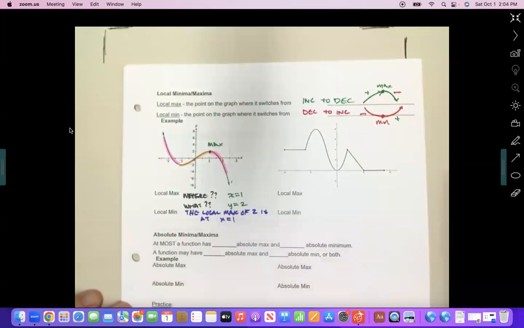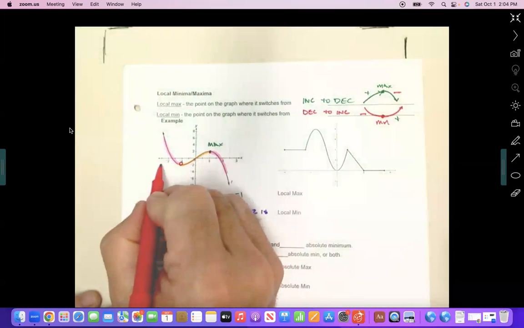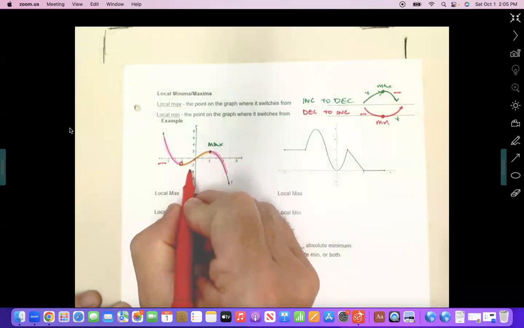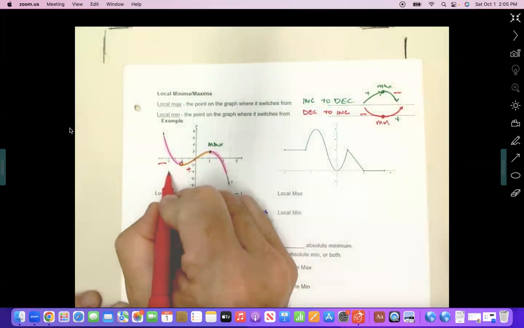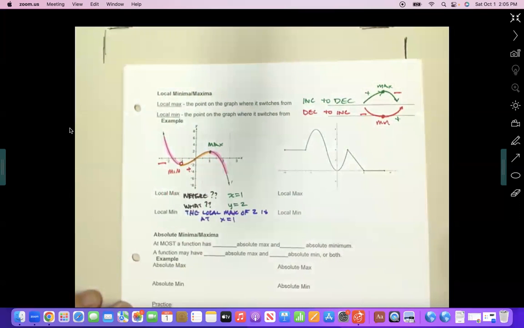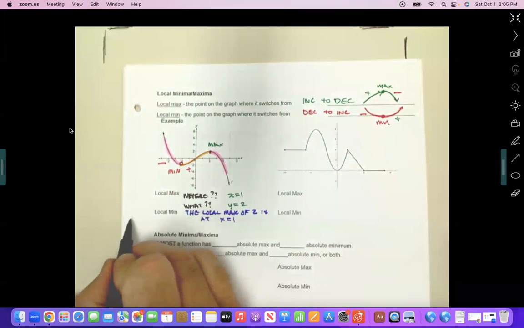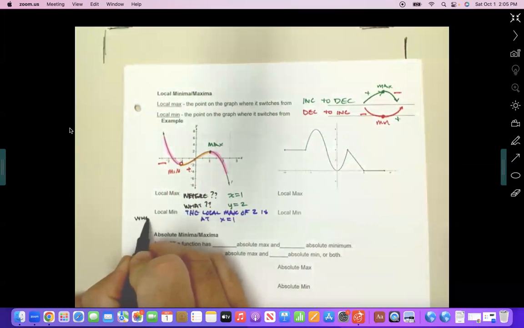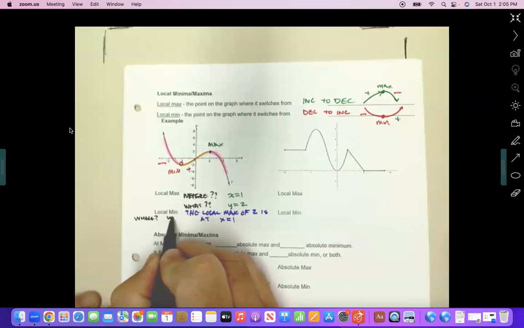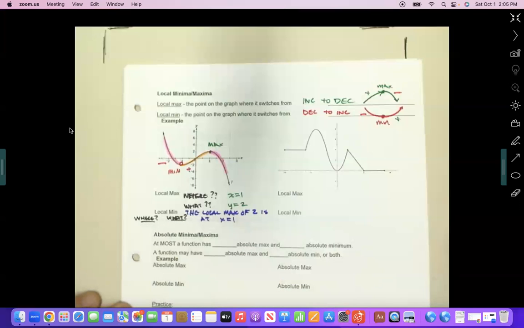And let's do the same thing for our minimum. In this case, our minimum occurs over here when we change from decreasing to increasing. And we can answer this one the same way. We could answer it as a where question or a what question, or just plain answer both of those.